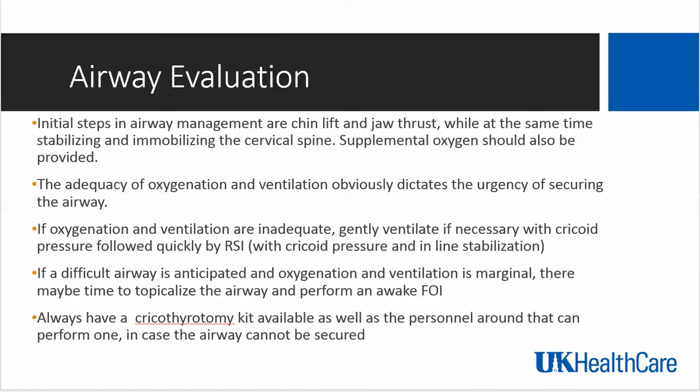If oxygenation and ventilation are inadequate, gently ventilate if necessary with cricoid pressure, followed quickly by rapid sequence induction, obviously with cricoid pressure and inline stabilization. If a difficult airway is anticipated and oxygenation and ventilation is marginal, there may be time to topicalize the airway and perform an awake fiber optic intubation. Always have a cricothyrotomy kit available, as well as the personnel around that can perform one in case the airway cannot be secured in a quick fashion.